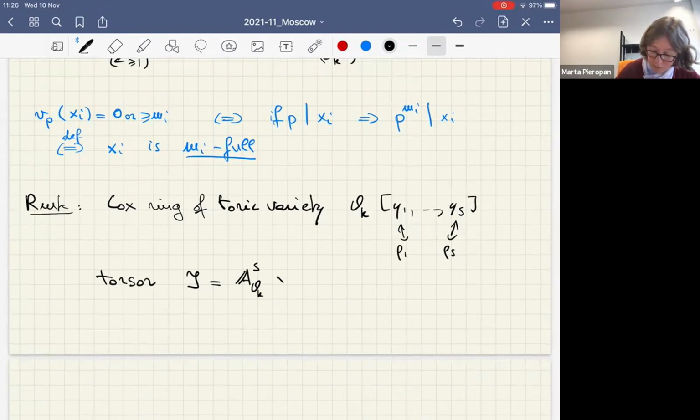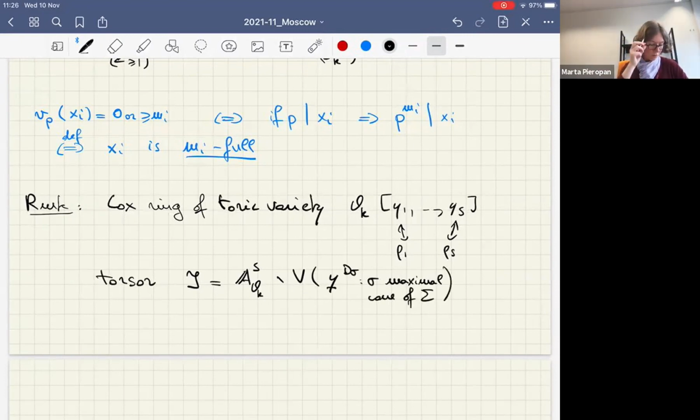But not the whole of it, it's an open subset. And the complement is defined by certain monomials depending on the maximal cones of my fan. So it's a combinatorial piece of information.